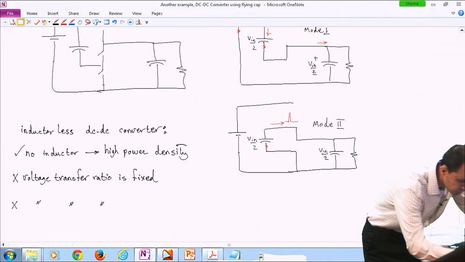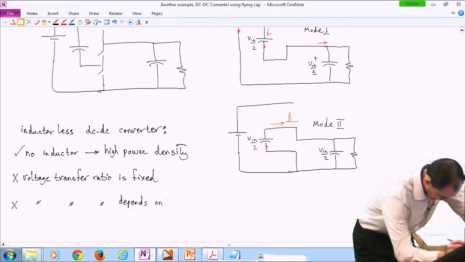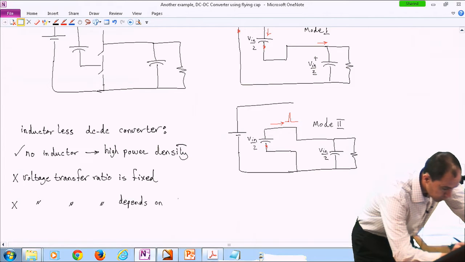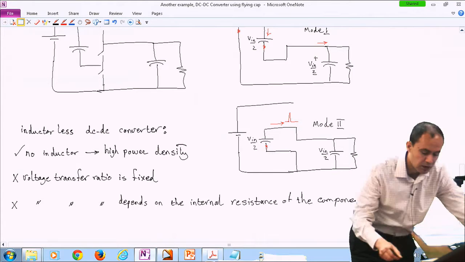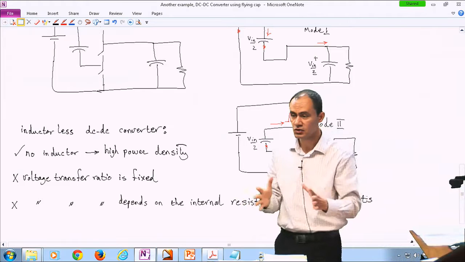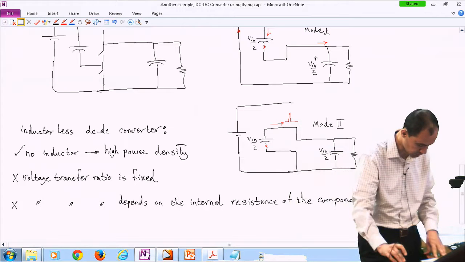Voltage transfer ratio depends on the internal resistance of the components. And if you even want to further generalize it, not just the internal resistance, just the impedance of the loops, basically, because there might be some parasitic inductance there too.